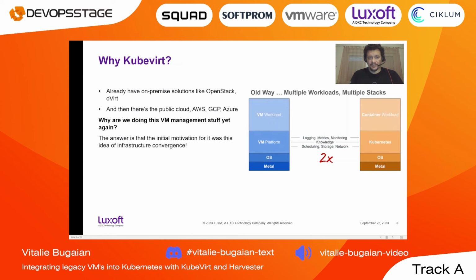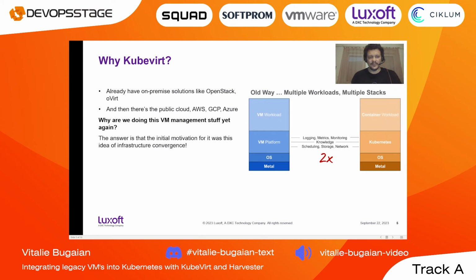So the problem is that you have old VM workloads on some VM platform, and then you also have Kubernetes running new code and microservices, and all is nice here. But you still need a team to manage both. You need logging, you need metrics, you need monitoring, you need knowledge about all this stuff.